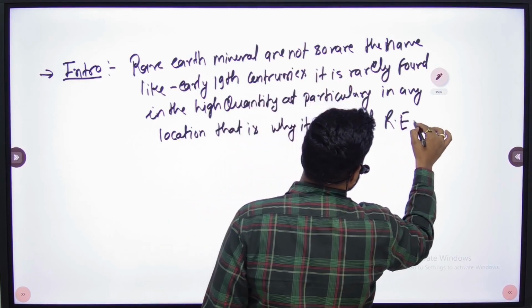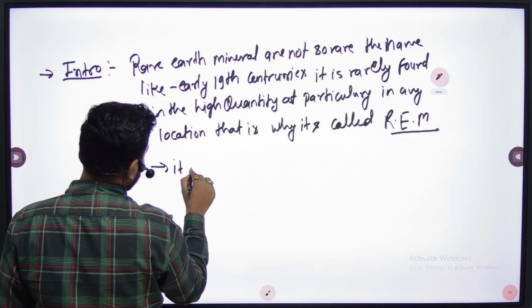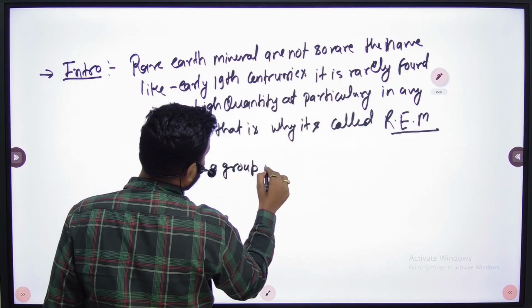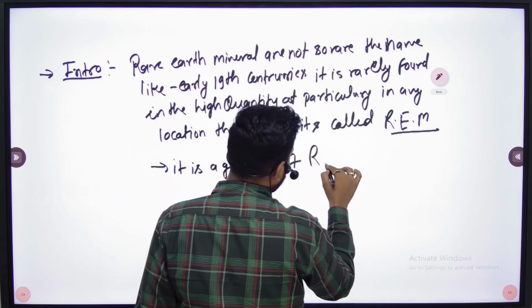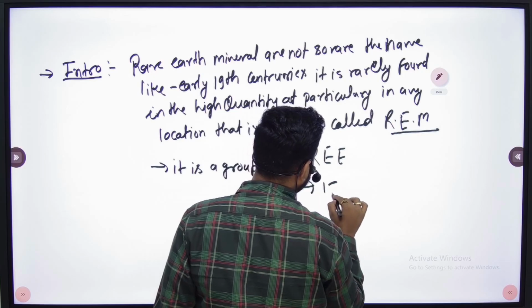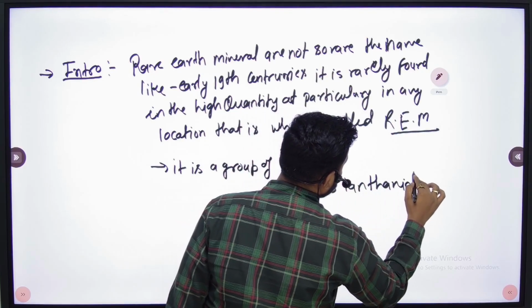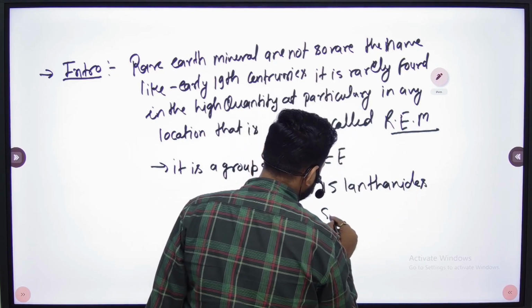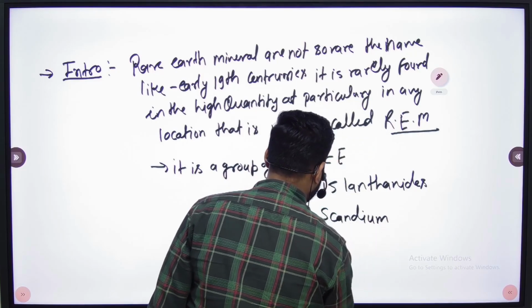It is a group of 17 rare earth elements, 15 lanthanides and scandium and yttrium.